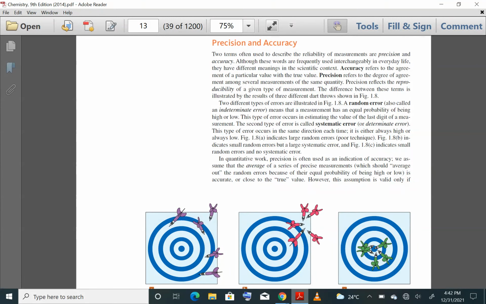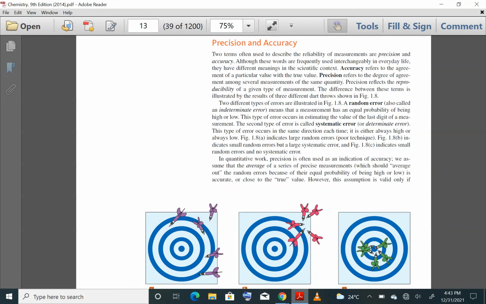Then when we talk about precision, precision talks about agreement among several measures of the same quantity. Here you're not comparing with the true value. Here you are looking at the different measurements that have been made by a particular group or by a particular individual. Let's say in that same copper ore example, you are made to make 10 measurements.